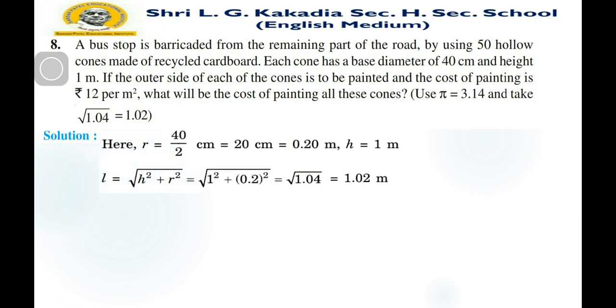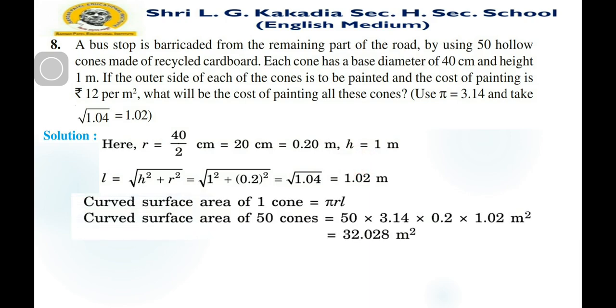Here the solution: R is equal to 40 by 2 centimeter, which is equal to 20 centimeter, which is equal to 0.20 meter, and the height h is equal to 1 meter. Then we can find L, that is the slant height, which is the square root of h square plus r square, equal to the square root of 1 square plus 0.2 square, which is equal to the square root of 1.04, and the value of the square root of 1.04 is given here as 1.02, so we take 1.02 meter.